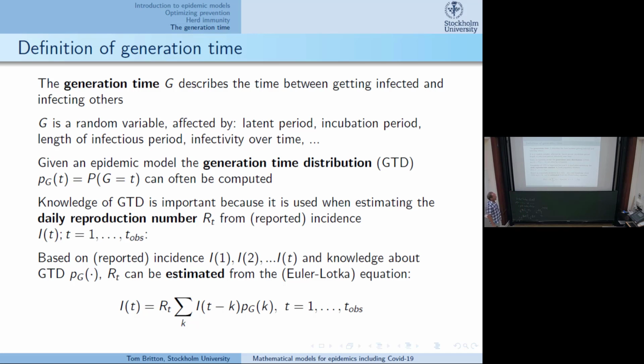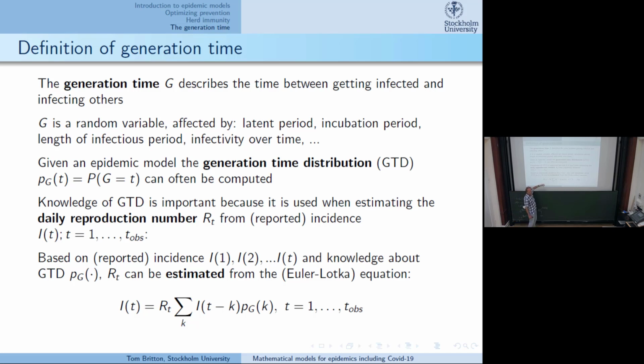So this is what is used for estimating. What do you know? Well, perhaps you know the generation time distribution. Suppose you know this distribution and you observe the reported number of cases over time. Of course, the best would have been to observe how many people get infected, but that's hard.